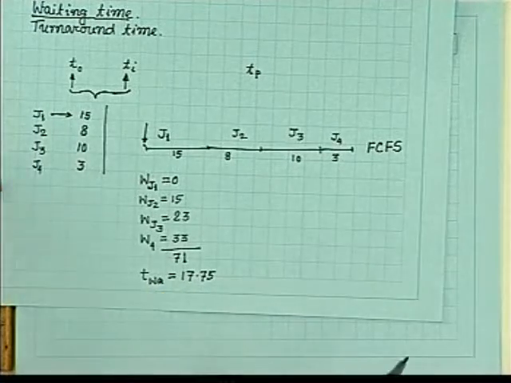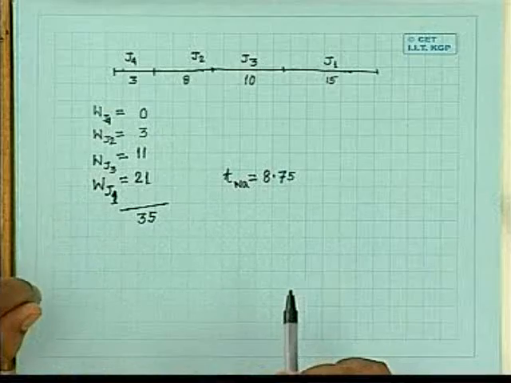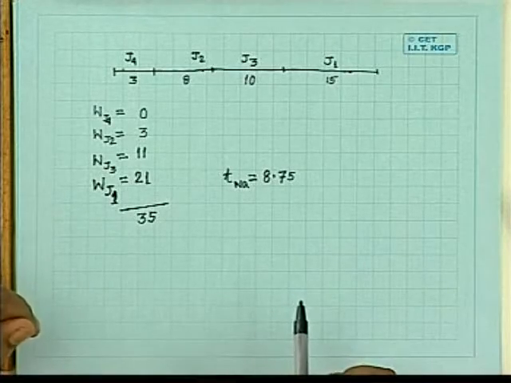On the same jobs, if I simply change the order in which the jobs are to be executed, I get an average waiting time of 8.75 time units. So the average waiting time has been reduced drastically.